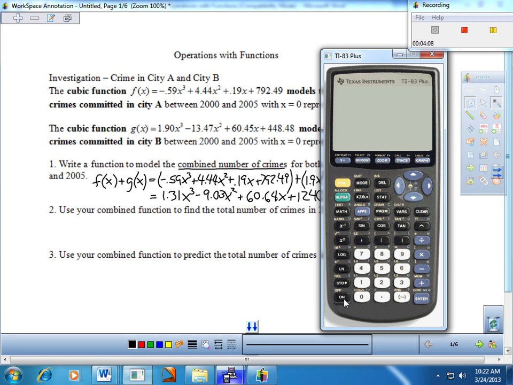So bring up that calculator if you can, and here's what I'm thinking. 1.31 times, and again, it's the 5th year of the model, so just comfort level dealing with inputs and outputs. So I have that piece right there, minus, and then let's go ahead and do the same, 9.03, in this case 5 squared, and then plus 60.64 times 5, and last but not least there, I'm getting 1240.97, give or take.